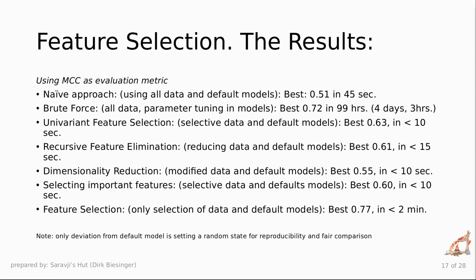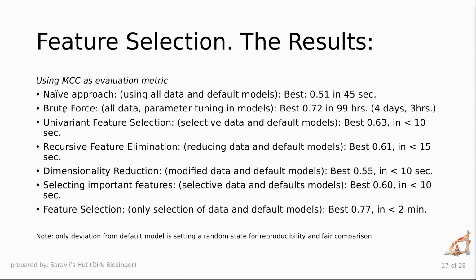Our next experiment was the brute force approach. We're using all the data and tuning the models by iterating over different combinations of parameters to find a good tuning for the model. The runtime is about 99 hours, so over 4 days, and our MCC did go up to 0.72.